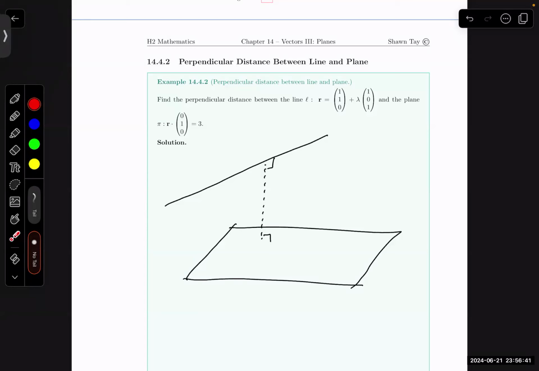The easiest way, first of all, I draw a picture, I write down my normal vector. Now I know I have a certain point, for example this one, 1, 1, 0. I also know that I can create some random point in the plane.